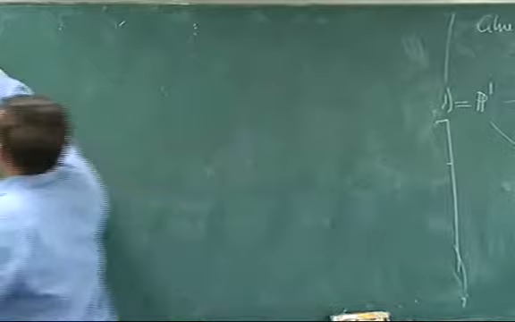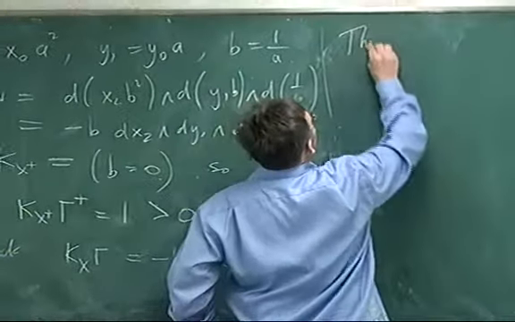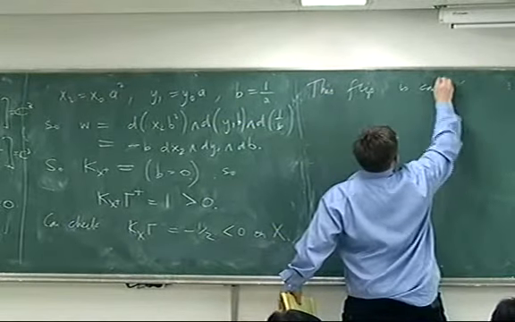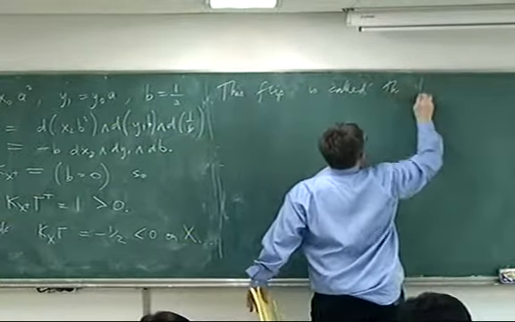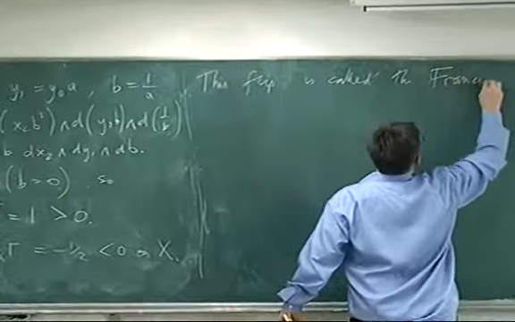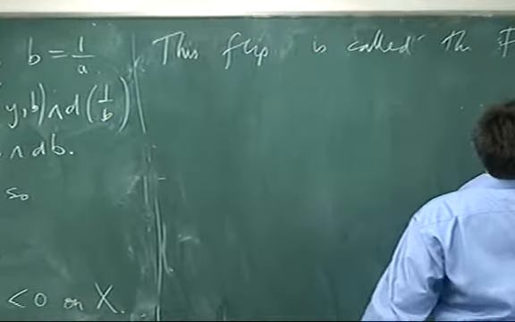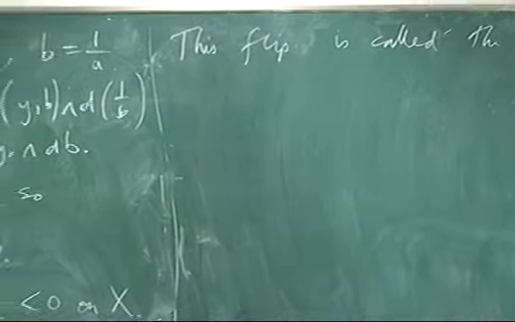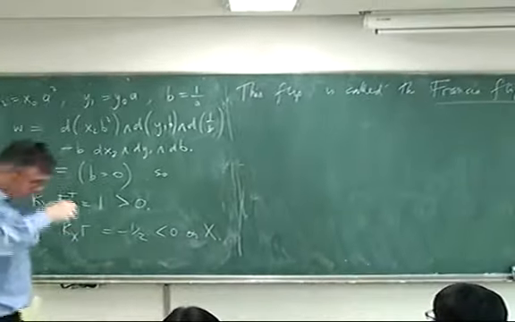Ah, very good. Yes, yes. Thank you. So this flip is called the Francia flip. You can go and look at Francia's paper, which is sometime in the early 80s, I think.